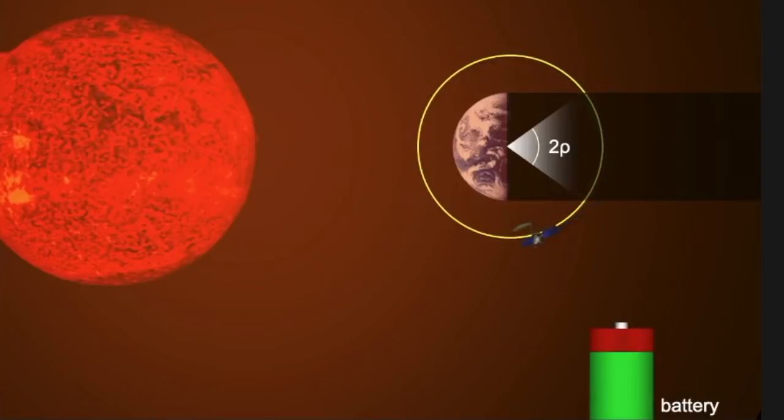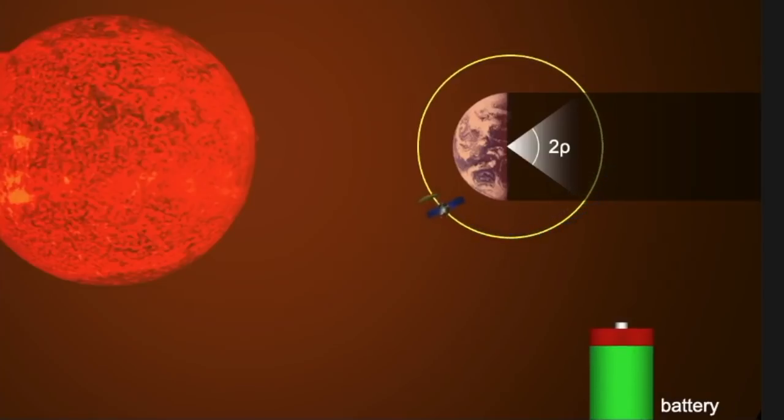let's see here, we have the sun, we have the earth, we have our satellite in orbit. There's our little FalconSat. He's in the sun, he's in the sun, he's in the sun, and then as soon as he enters eclipse, he has to start using battery. Cool.